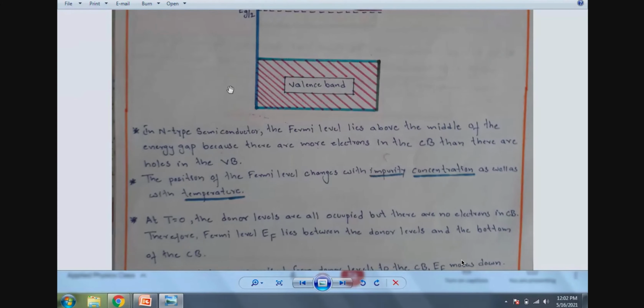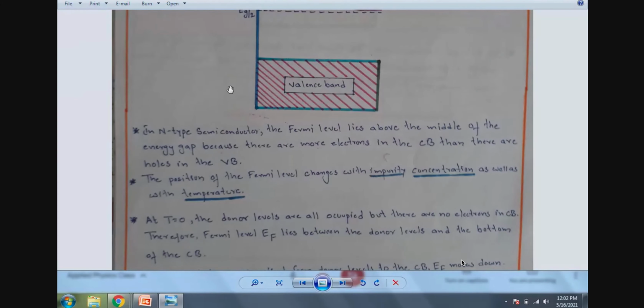So I got both the equations: the density of electrons in the conduction band and the density of empty donors. As per the condition, we have to equate equations 1 and 2.